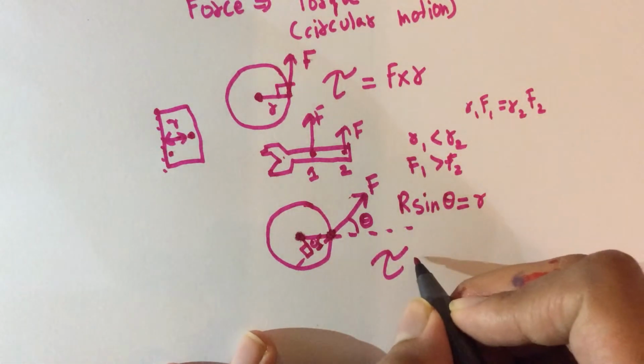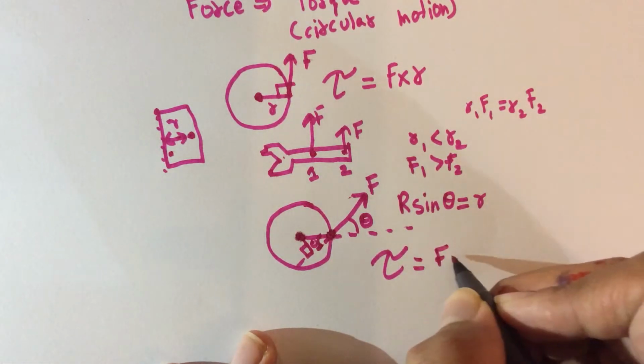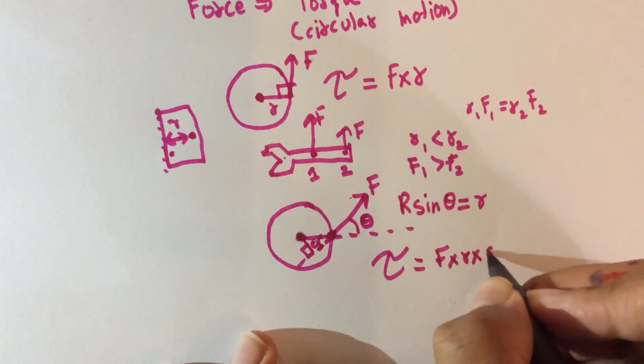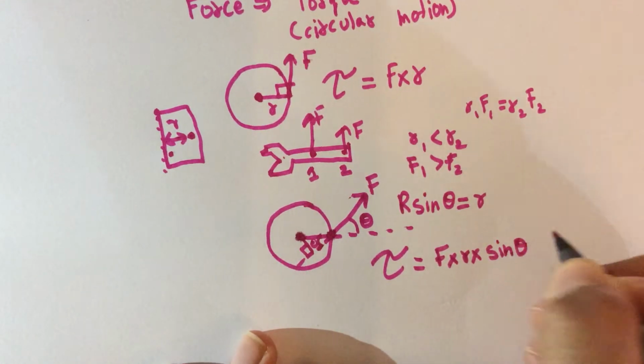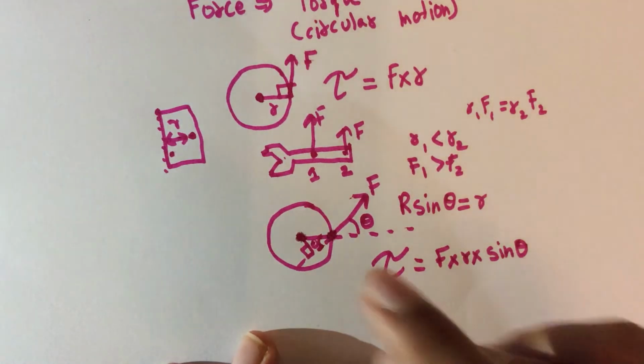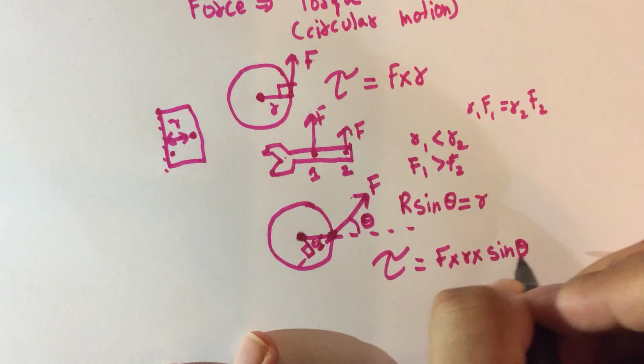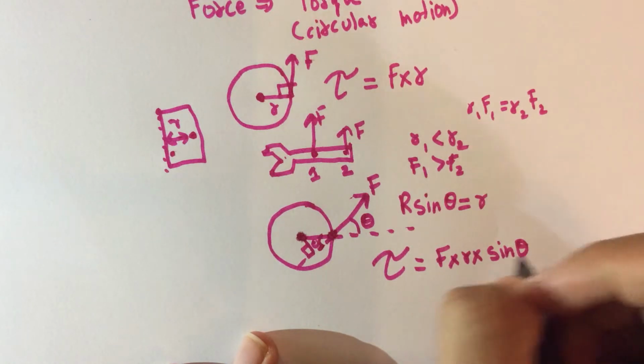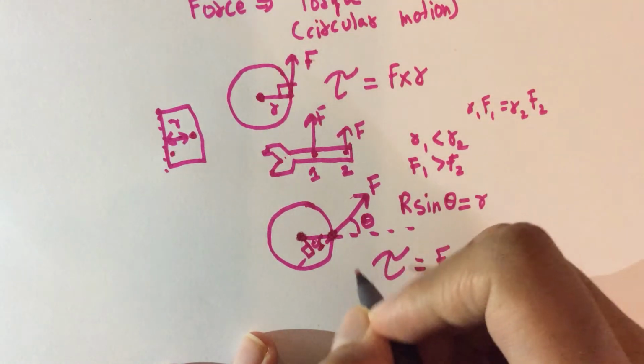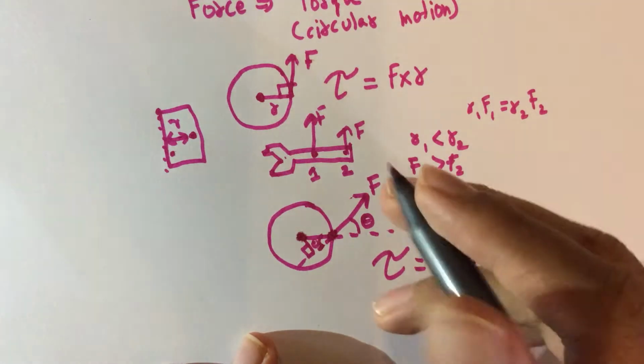So now tau is equal to F into R into sine theta. What this means is that if I have a force acting perpendicular, theta would be 90 and sine 90 would be 1. So torque would be maximum.